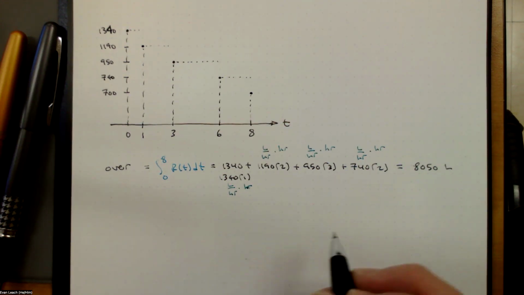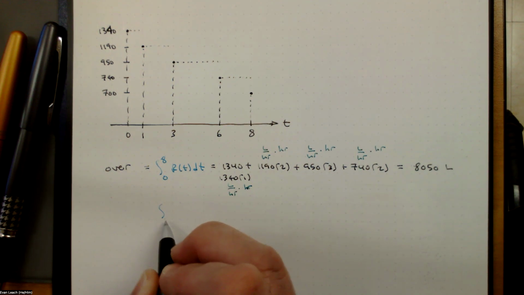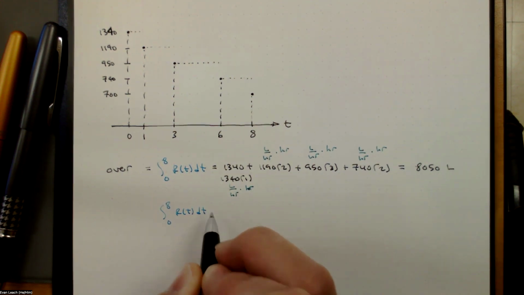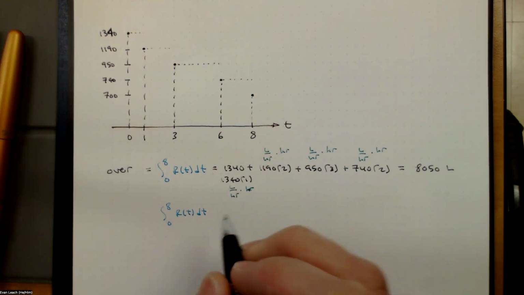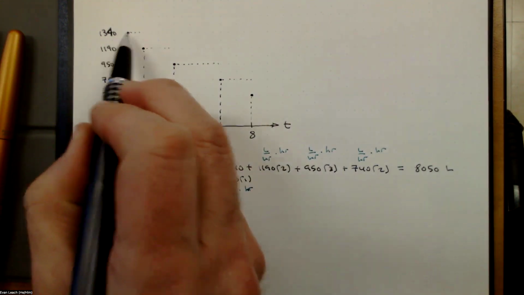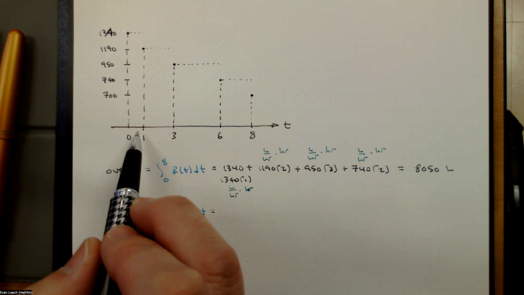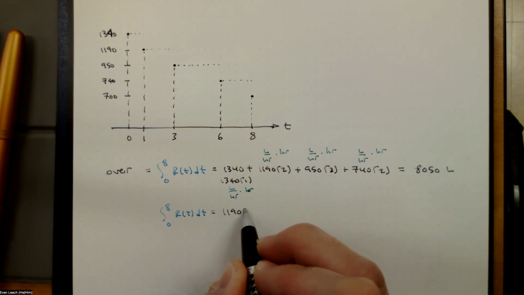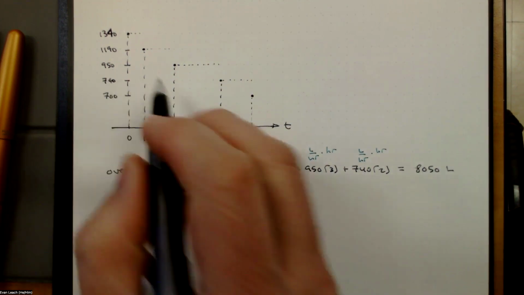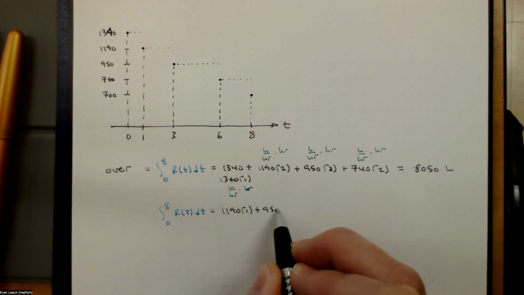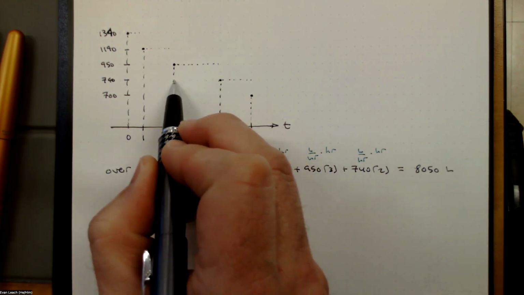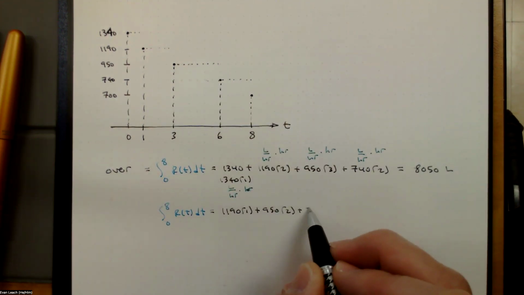We can also underestimate this. Instead of the largest value on the interval from 0 to 1, I can use the smallest value. I take the 1190 and use that 1 time. And then the 950 and use that twice. And then the 740 and use that 3 times.